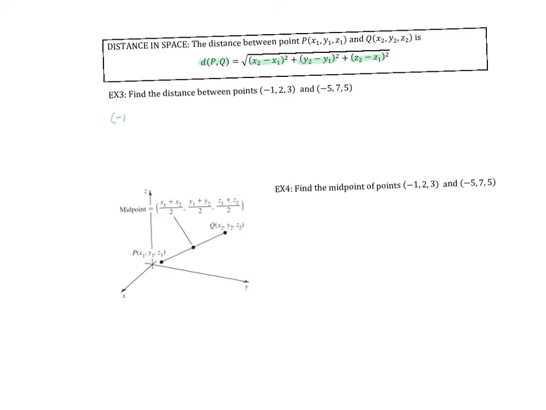So I could do -1 minus a -5 or plus 5 squared, plus 2 minus 7 squared, plus 3 minus 5 squared, and then take the square root of all of that, which would be equal to the square root of 16 plus 25 plus 4, or the square root of 45.